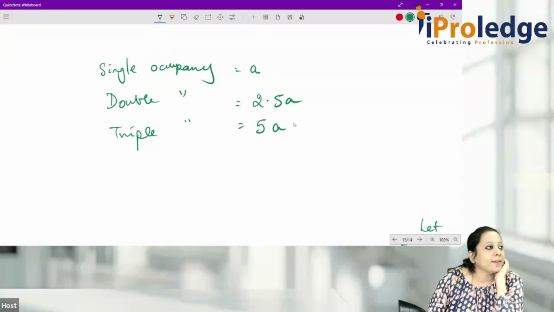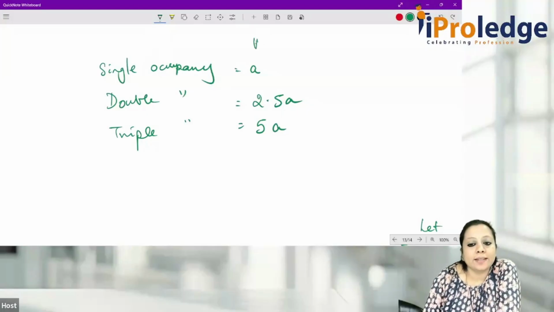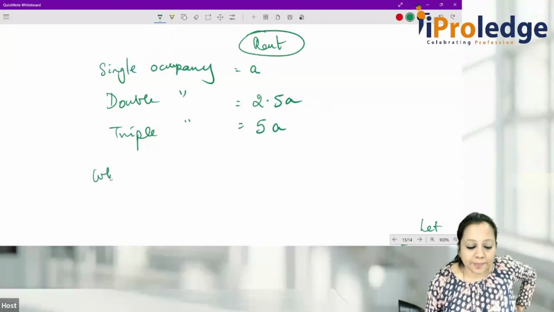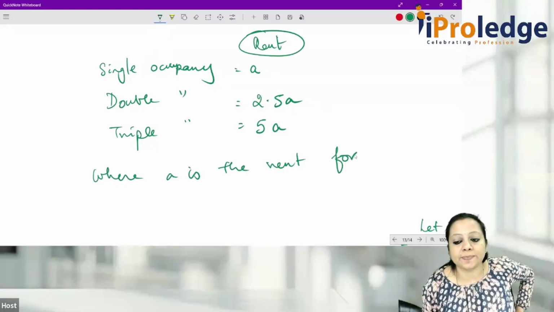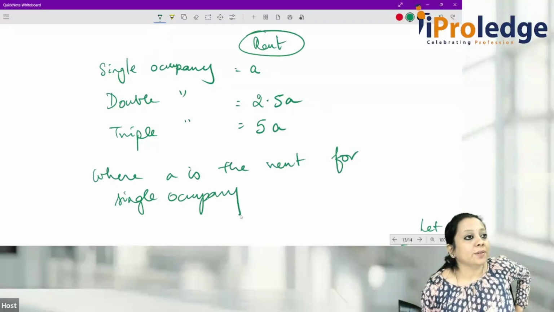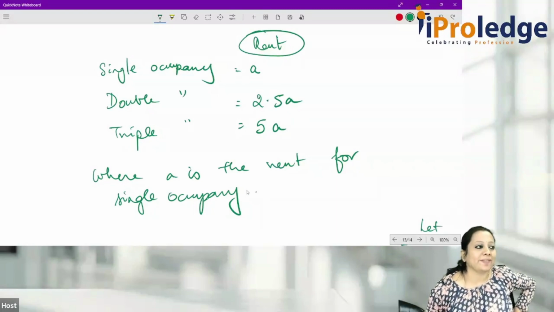So can I say this is 5A? Yes. What is this, A, 2.5A and 5A? This is the rent to be charged, where A is the rent for single occupancy. I don't know that, no? So I'm assuming any variable. Double occupancy will have to pay 2.5 times A. Triple occupancy will have to pay 5 times A. That's all. Now we will proceed to the next.